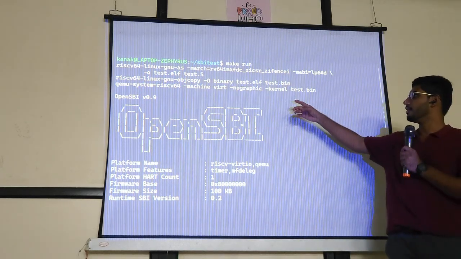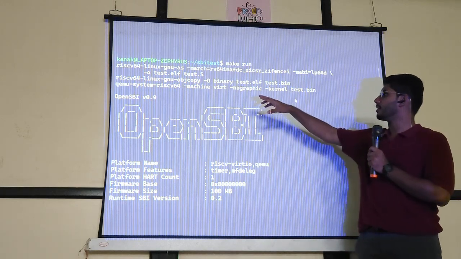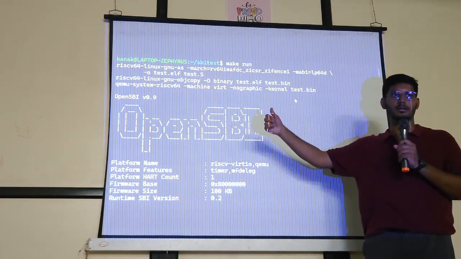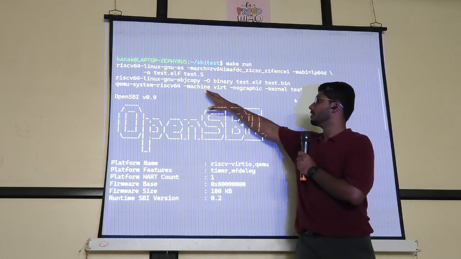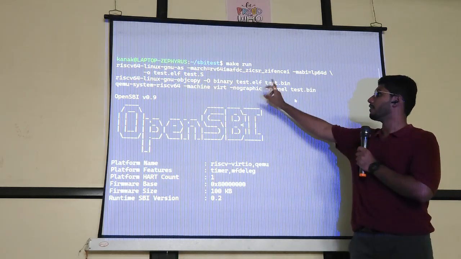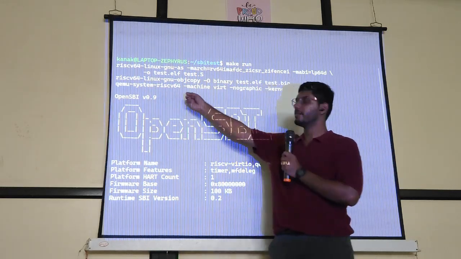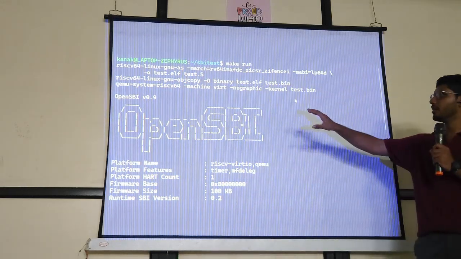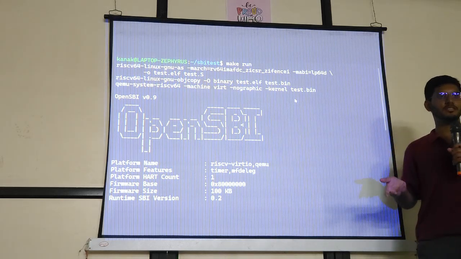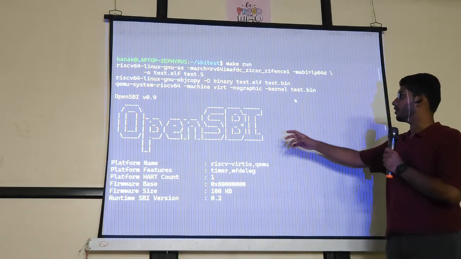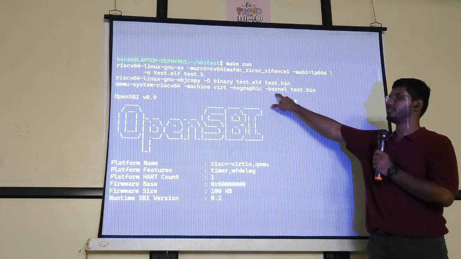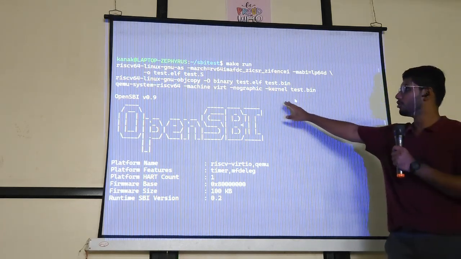Once we have the assembly file assembled, we convert it to binary and then give it to QEMU. So qemu-system-riscv64 is a command used to invoke a RISC-V based virtual machine. We give test.bin as our kernel and it tries to boot the OpenSBI.